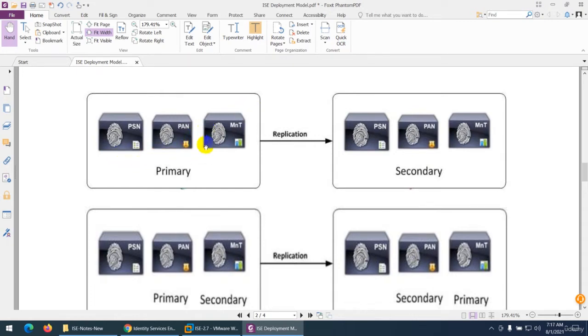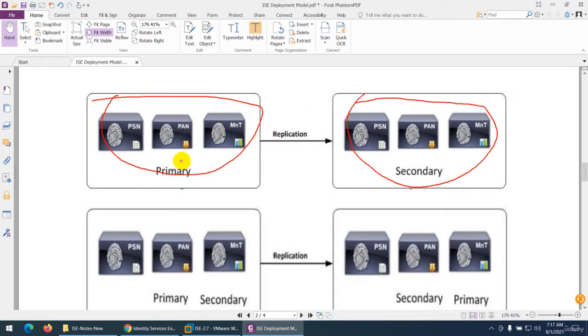On this side, keep in mind this is one box, because in a small deployment we have only 2 boxes. This is one box and this is another box. This box plays primary PAN and primary MNT. The second box is playing secondary PAN and secondary MNT.